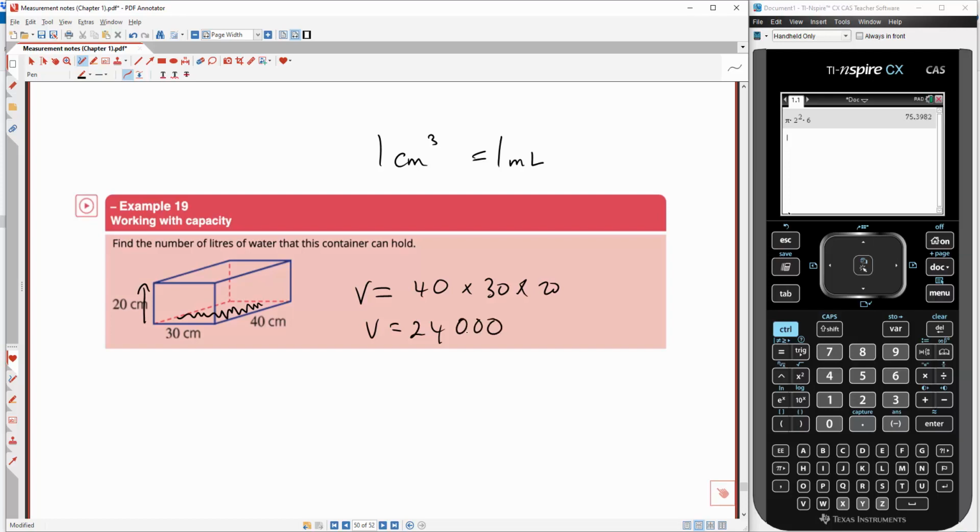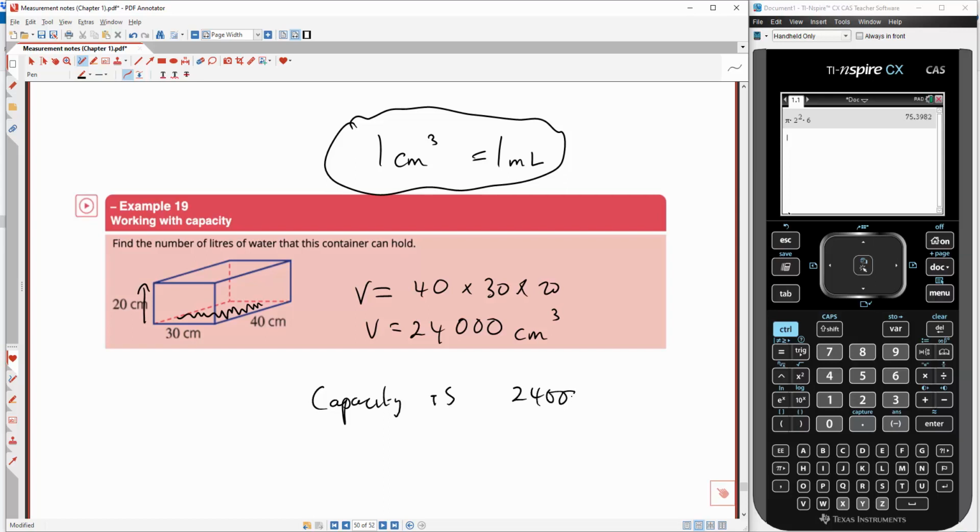You can use your calculator for that. So the volume is that many centimeters cubed. Now, using this conversion, we know that 1 centimeter cubed is equal to 1 milliliter. So the capacity is 24,000 milliliters, but they want it in liters.